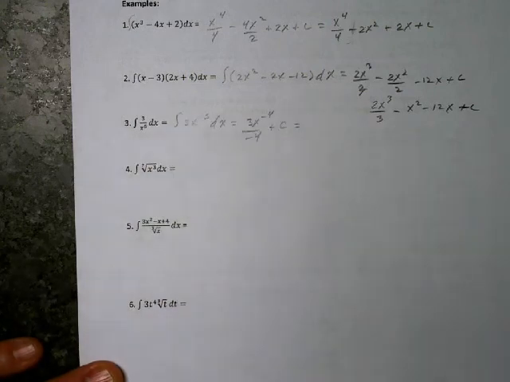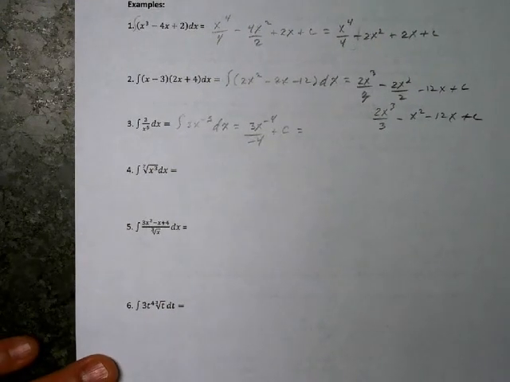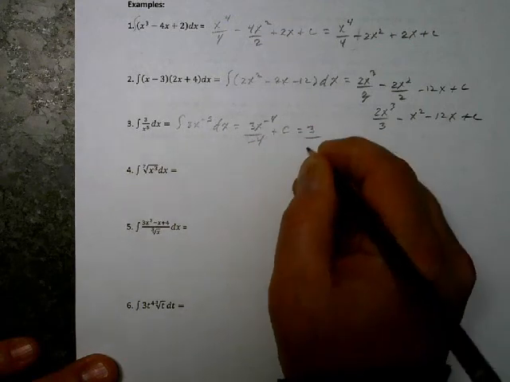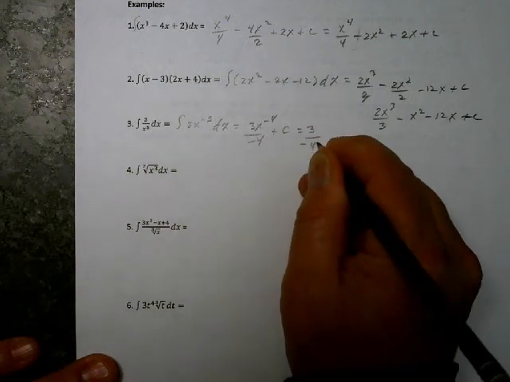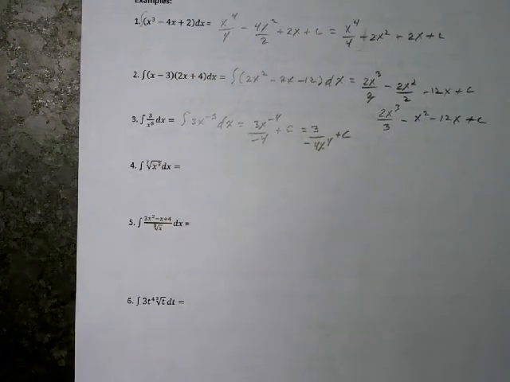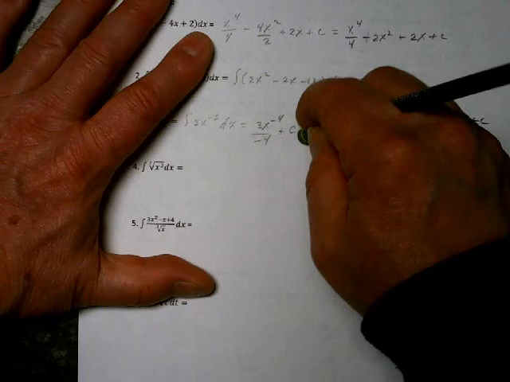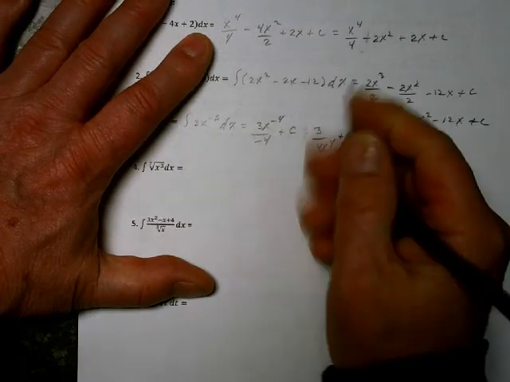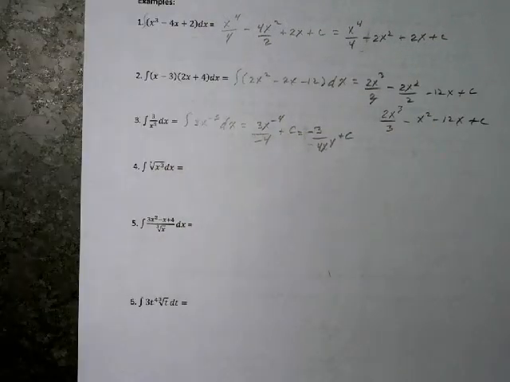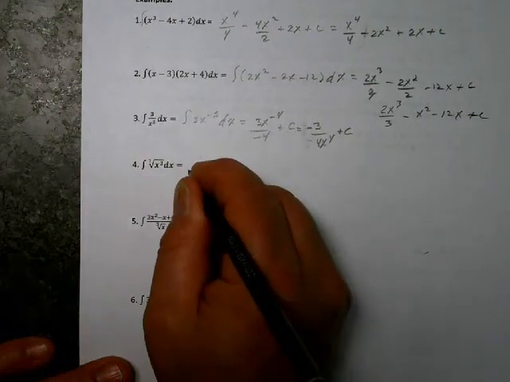And don't forget to add that c on the end. Now you want to rewrite this without a negative exponent. So you end up with 3 over negative 4x to the 4th plus c. Now let's write that a little bit better. Put a negative right there. Number 4.